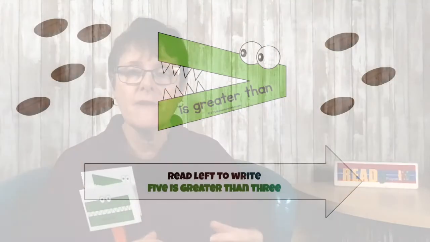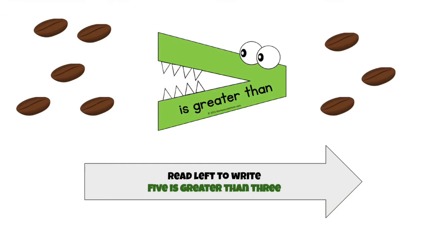Take your manipulatives and put them in 2 separate piles. So you might have 3 beans in one pile, you might have 5 beans in the other pile. And then you're going to put up the alligator opening his mouth to the larger amount. And you will read it left to right.